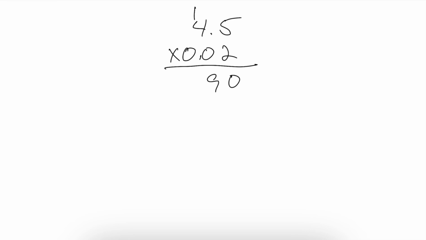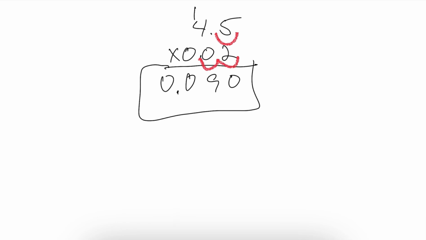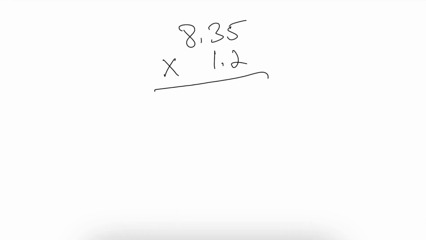Now we'll count our decimal places. 1, 2, 3. Fill a 0 in there. Add a point. Final answer is 0.090.